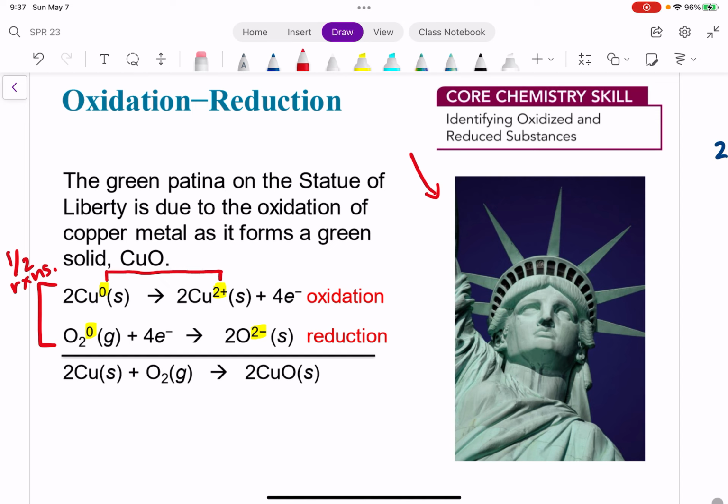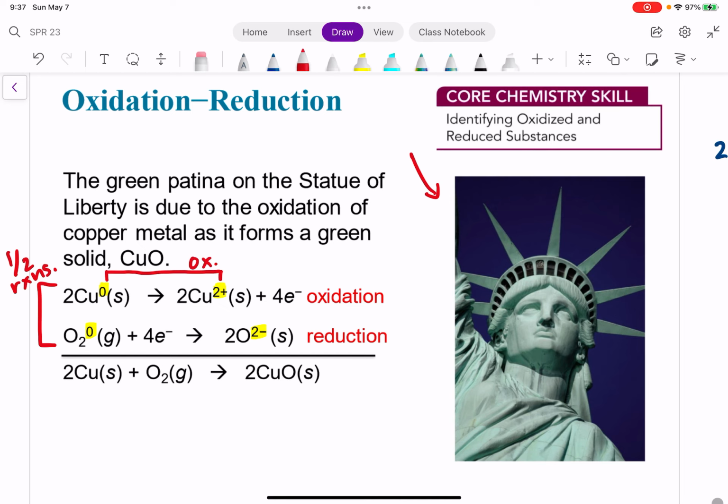Okay, and that's oxidation. It's lost electrons to get more positive, right? Just like when we talked about our positive ions like lithium, sodium, magnesium, our metals, those are losing electrons, but their charge is getting positive. Why? Well, electrons are negative, right? So they're getting more and more positive, those atoms.